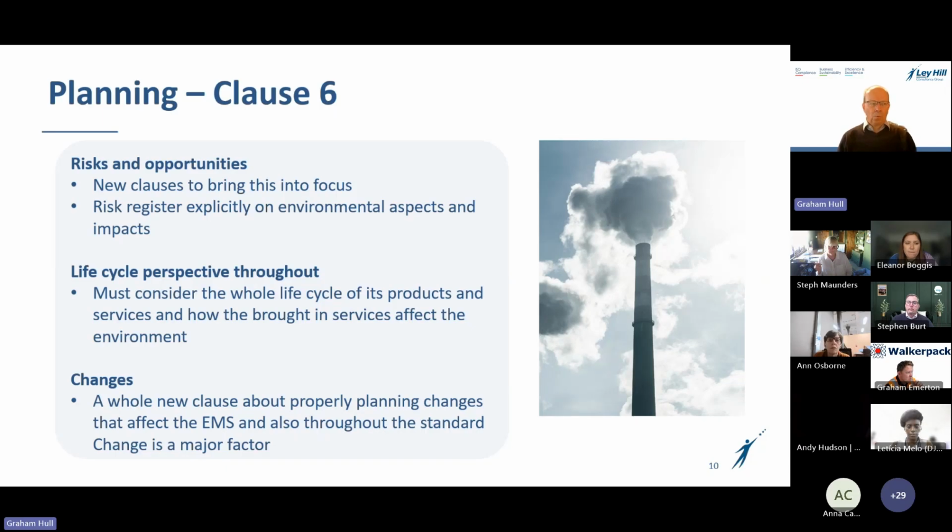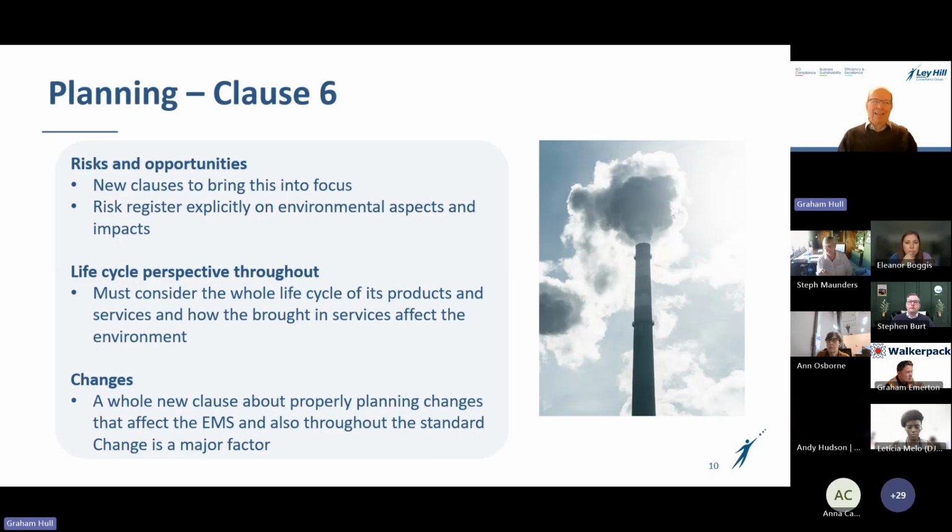There's a whole new clause about properly planning changes. So if you, for instance, decide to put up a new building on your site, and you've got ISO 14001, you could get a major non-conformity if you haven't considered the environmental impacts of putting up that new building on your site or the operations you do within that building.